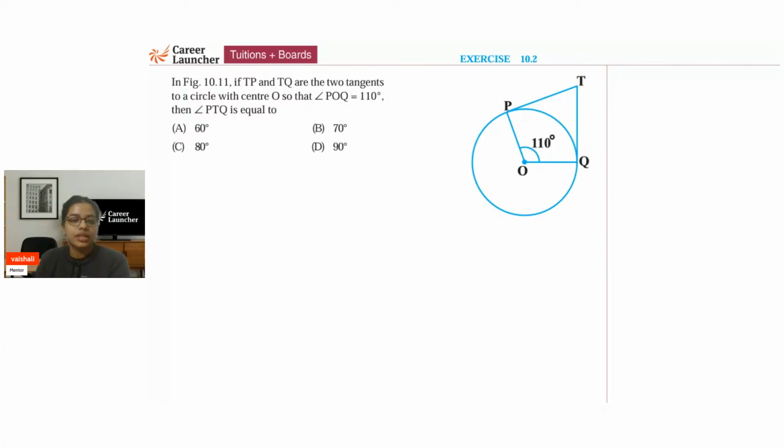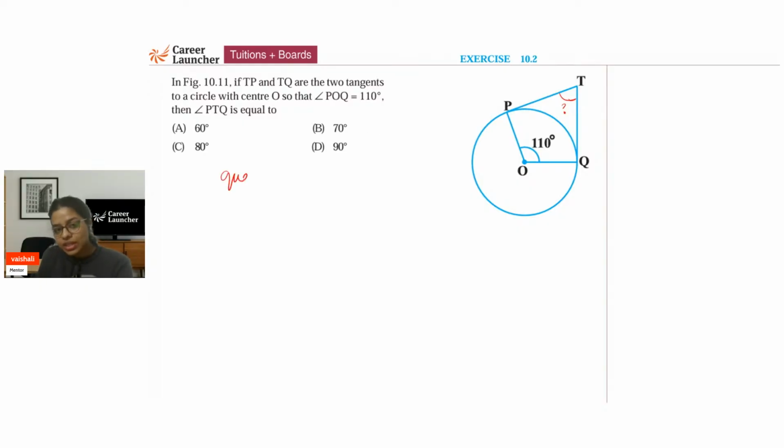Yes. So we are given a figure 10.11 where TP and TQ are two tangents. Now we have a circle as well, with the center at O, and the angle POQ is given to you. The angle PTQ is equal to what? So just remember one thing.